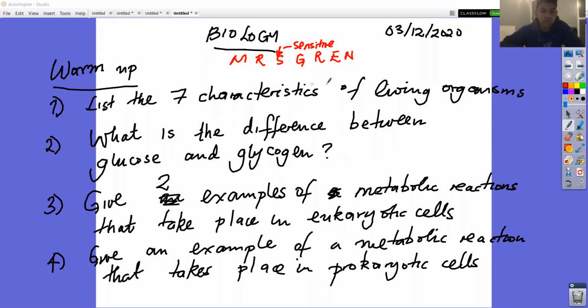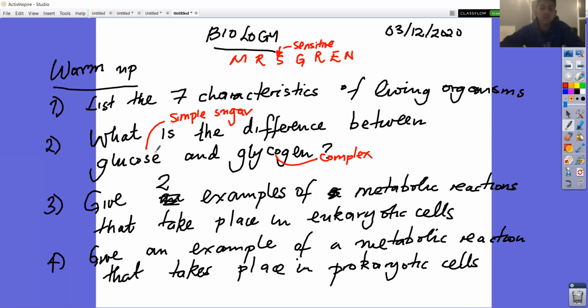Okay, what glucose is. So this here is a simple sugar, from which we release energy. This here is a complex sugar, and it's stored in your muscle cells for use so that when you start exercising, this glycogen is broken down to glucose.